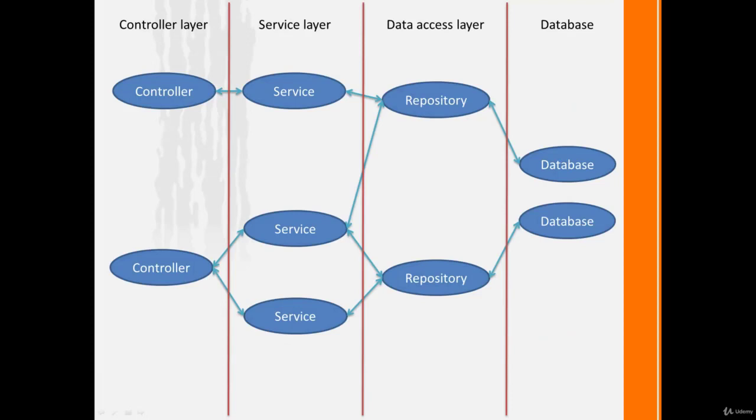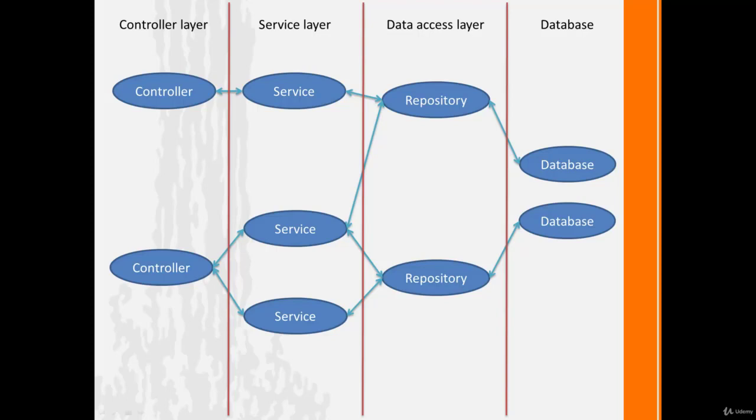So the next page, this one, shows a scenario where we have more than one controller, more than one service, more than one repository, and more than one database. So as you can see, our controllers can share service layers, our service layers can share repositories, and our repositories can share databases.